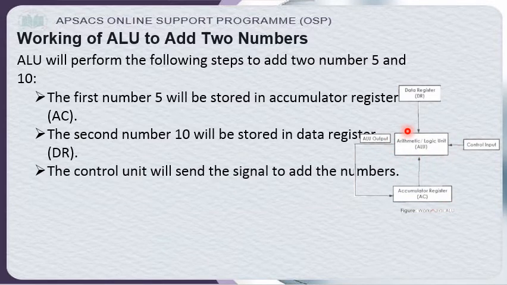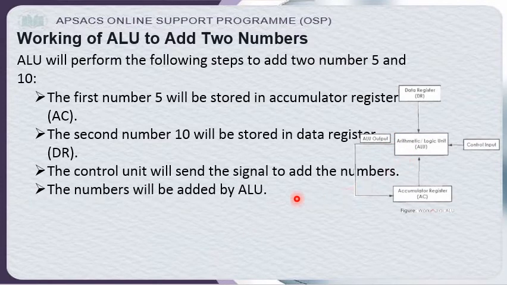Now the control unit will send a signal to add the numbers. How does the ALU get to know that we want to do addition? Basically, the control unit sends a signal that the number in the accumulator register and the data stored in the data register should be added. Who is going to send this signal? The control unit will send the signal.